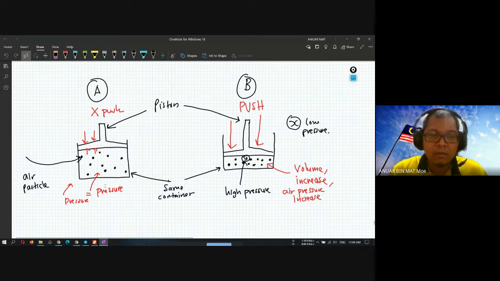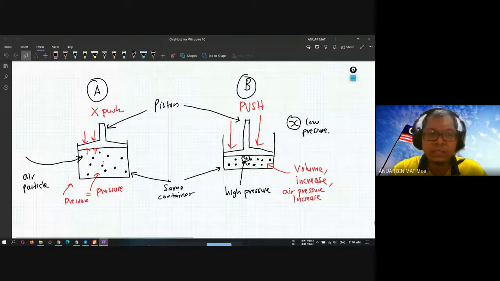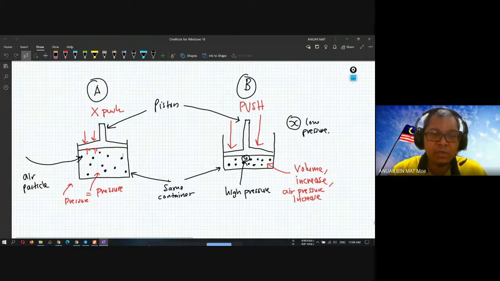Meaning that the air pressure is equal inside and outside because we do not push the piston down. And for B, when we push the piston down, the volume of the air particles inside the container will increase because it's being compressed, and then we can say that inside the container has higher pressure than outside the container. Outside the container, we have lower air pressure. Inside the container, we have higher air pressure.